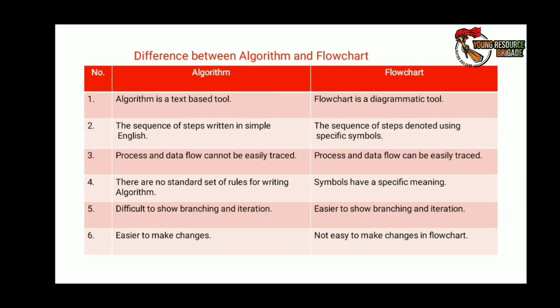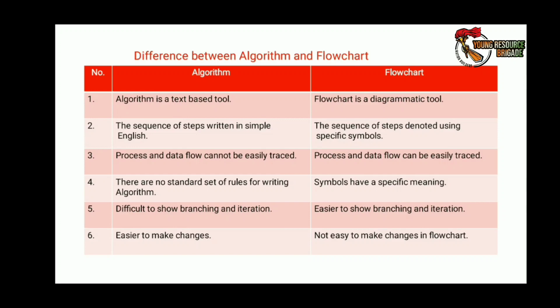Then fourth, there is no standard set of rules for writing an algorithm, which means you are free to take any iteration. You can add many steps, you can subtract, you can leave some steps. There is no limitation. But while using a flowchart, the symbols have specific meaning.